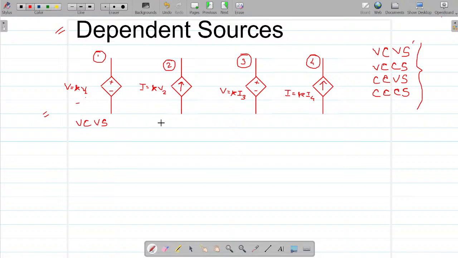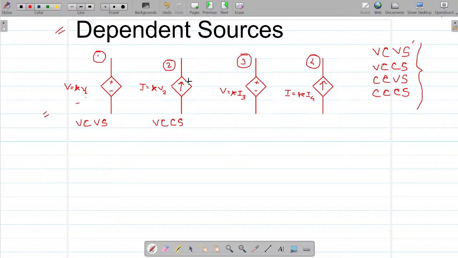Okay. Similarly, what would this be? This would be a voltage controlled current source. Again, I am repeating. Why would this be a current source? It would be a current source because the symbol shown here is a symbol of current, right?